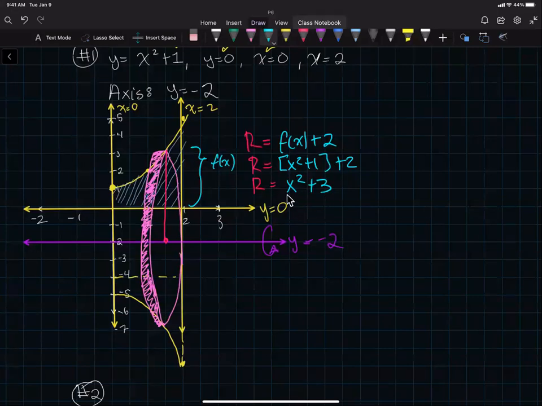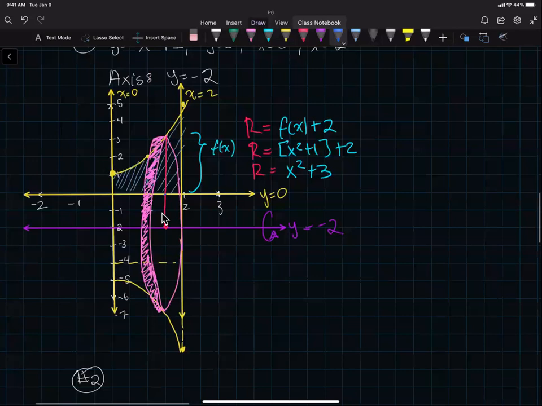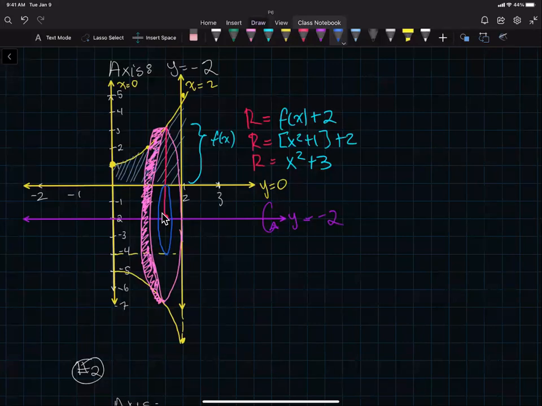Okay, now here comes the part. We're going to take away from this disc the inside. So I want to go ahead and take away this. I'm taking away the disc on the inside. I want to make the inside hollow.